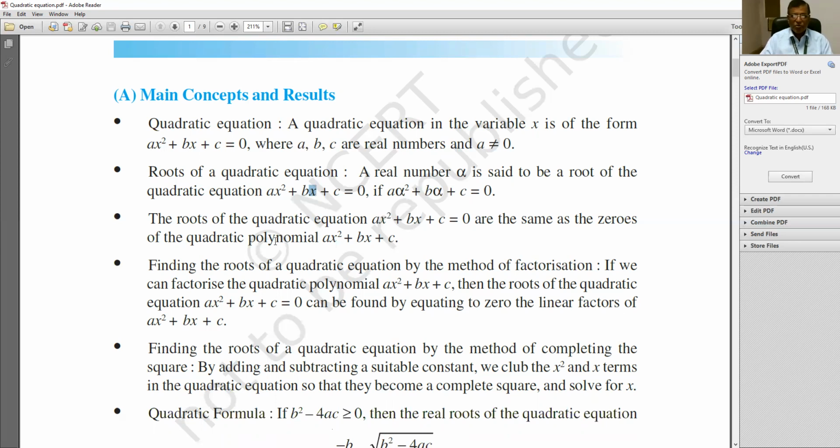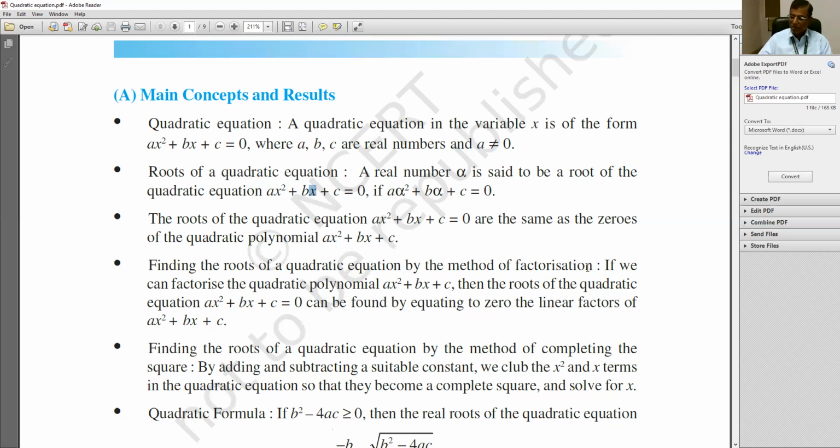And also you should note, finding the roots of a quadratic equation by the method of factorization. I have already discussed how to factorize ax square plus bx plus c if the corresponding roots are alpha and beta.